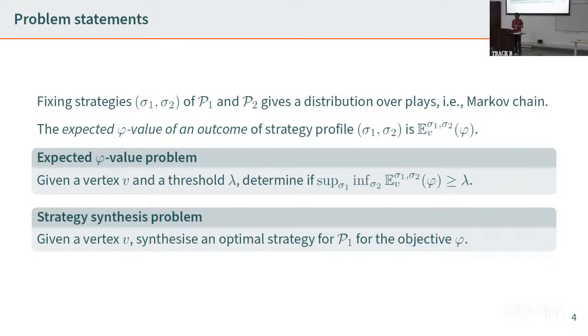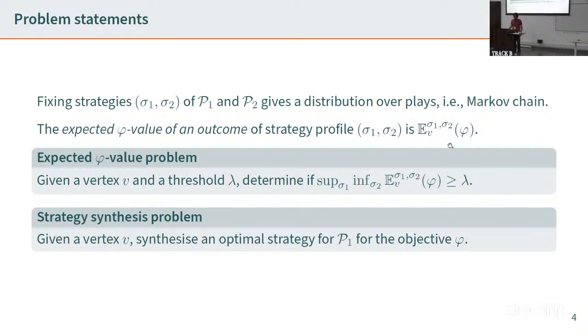So if the players have decided how they are going to play, then each time you play the game, you may end up getting a different path, but you'll get a distribution over plays, and this can be viewed as a Markov chain.